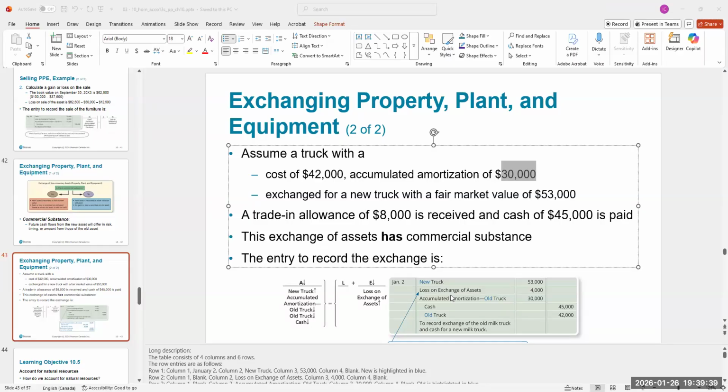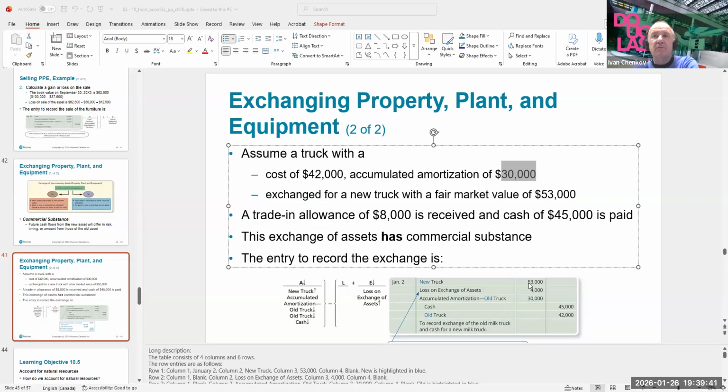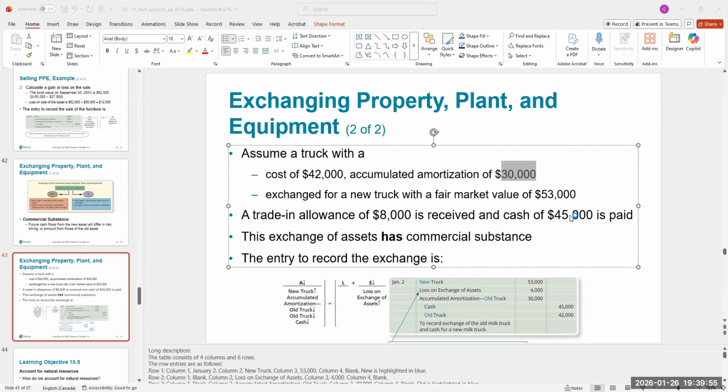Now let's see the new truck. I'm getting the new truck for 53, debit 53, but I'm paying only 45. So now on the credit side, I need 8,000 to balance my entry, correct? Yes, that's right.